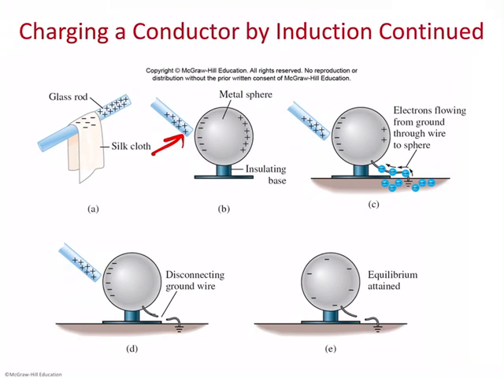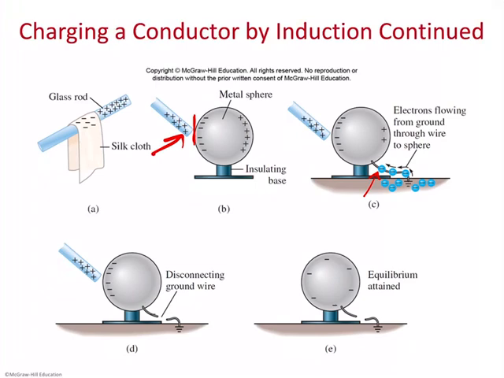You hold it up to the sphere, causing those negatives to move too. You can see it's not touching here, so they're not going into the glass rod. And when you ground, there's this wire going to the ground, and those electrons are now flowing from the ground through the wire to the sphere.